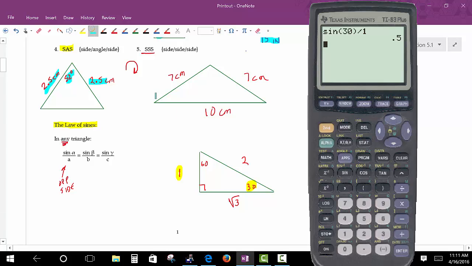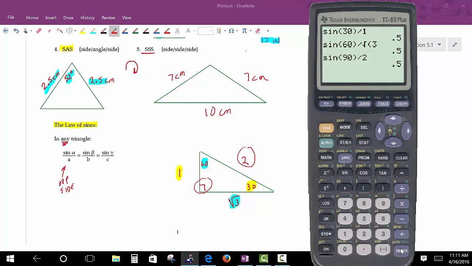Okay, then I go to another angle and match up its opposite side. So on the calculator, I could say sine of 60 degrees and then divide that by the length of the opposite side, and it gives exactly the same thing, see? And then finally, I could do the right angle. So I can do the sine of the 90 degree angle divided by its opposite side, which is 2, and I get the same thing.